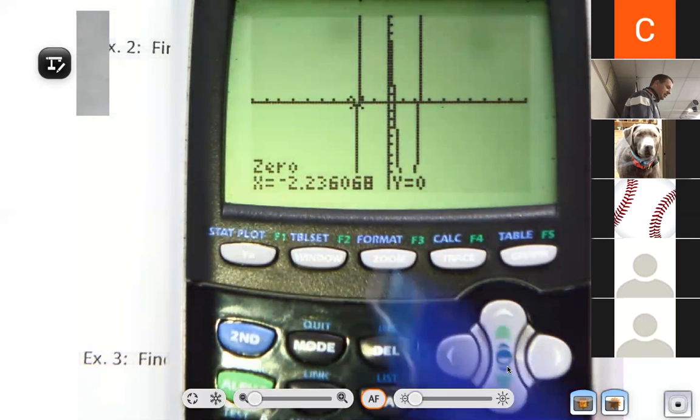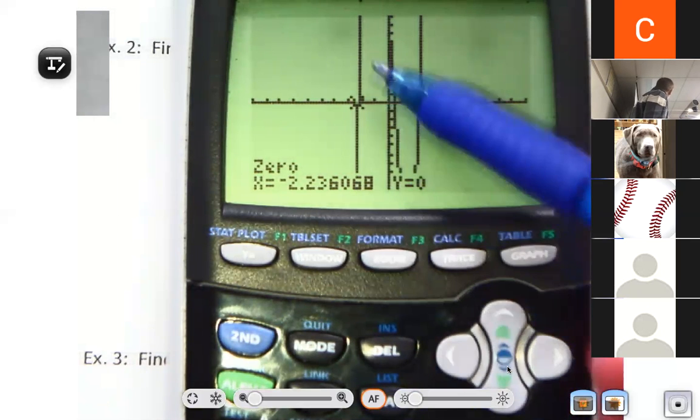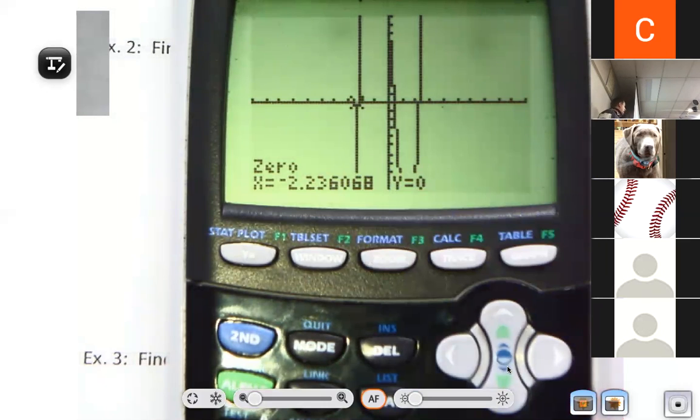What this means is this x-intercept right here is an irrational answer. Like it's the square root of some non-perfect square. What it means is I'm not going to use it in my division. Okay? I'm going to find it eventually. I'm going to find exactly what it is, but I'm not going to use it in my division. So that kind of sucks. I found that. I'm like, okay, I'll find you later. Let's move on. Find a different one.